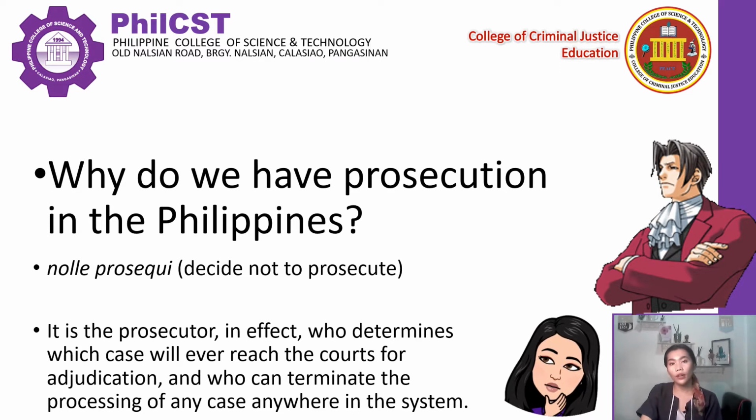But powerful as the prosecutor may seem to be in the Philippines and in any other country, yet he cannot successfully prosecute cases alone or render justice to anyone without the collaboration of other components of the criminal justice system. For the prosecutor cannot successfully prove his case without the evidence gathered by the apprehending and the investigating police officer or the law enforcement agent. Neither may he be able to establish his case in court in the absence of a fair, competent and independent-minded judge.